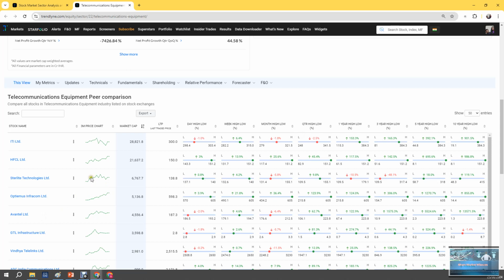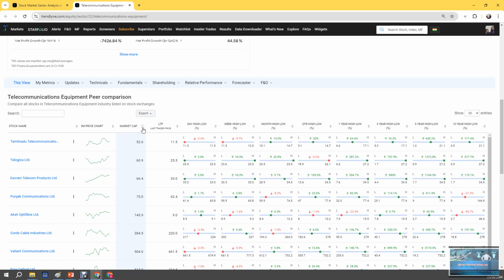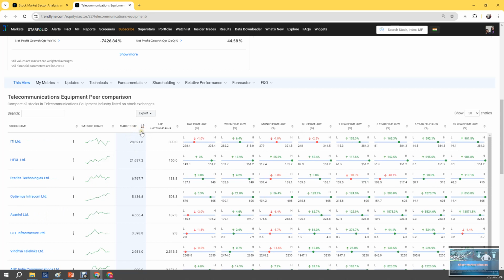So you can see how the performance is and the market capital. If you want to sort based on market capital, you can just click on the sorting button. You will be able to know which one has a higher market capital in the telecom equipment peer comparison report, and you can see the last traded price of that particular stock, and the day high and weekly high and lows, which is very easy to compare against the yearly comparison as well.